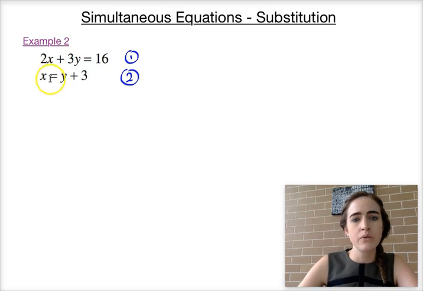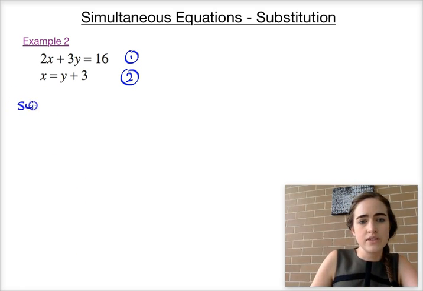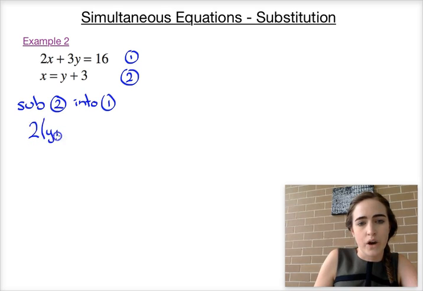The reason we're doing it that way is because x is the subject of the equation, so it's given to us on its own. So we're going to sub equation 2 into equation 1. So we'll have 2x, but x is y plus 3, so it's 2 times y plus 3, plus 3y equals 16.